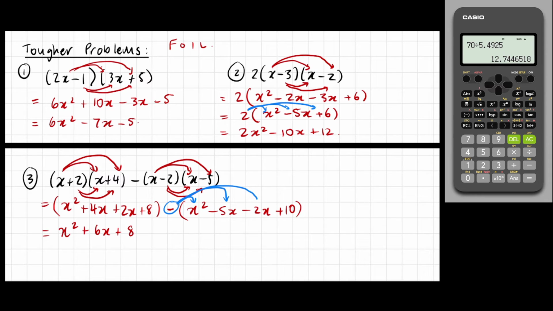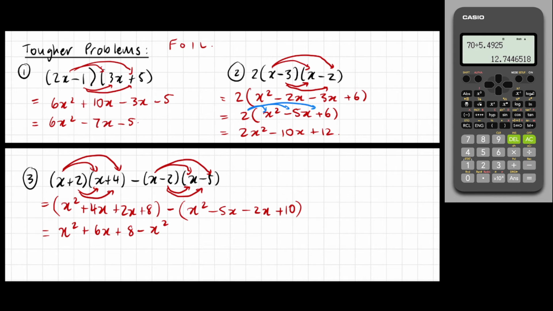So this x squared that's sitting at the front here is going to become a negative x squared.